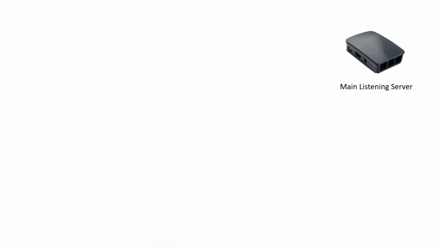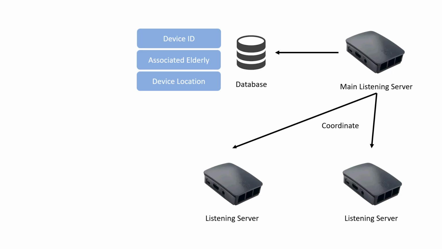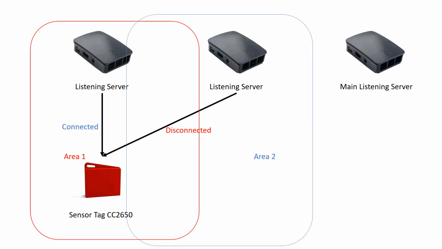The main listening server's duty is to update the database containing the ID of the device, the associated elderly, and the location of the device. The other task of the main listening server is to coordinate with the other listening servers by deciding which server should connect to a sensor tag device.